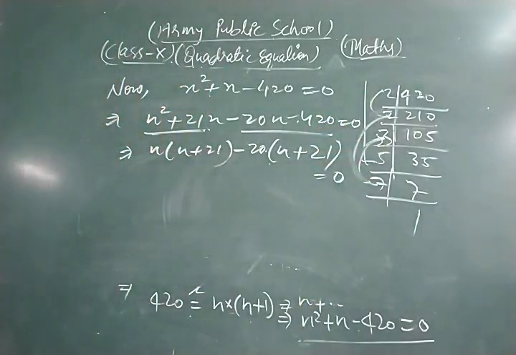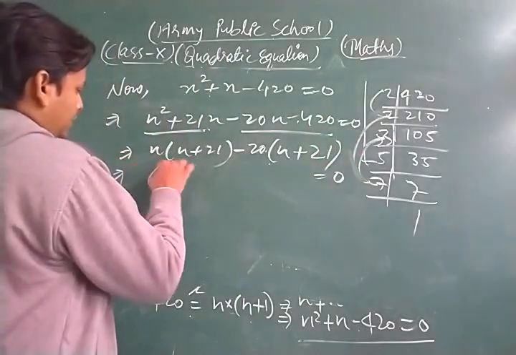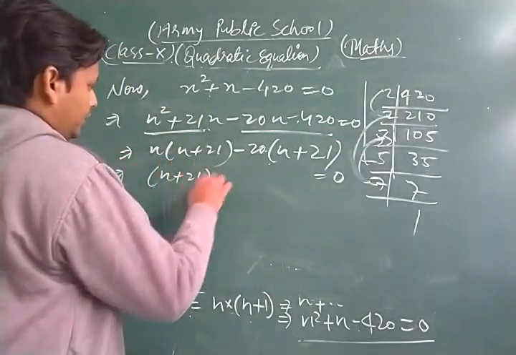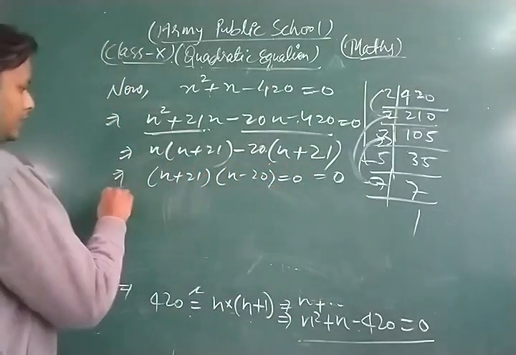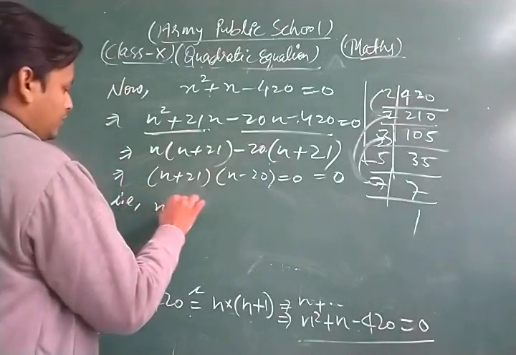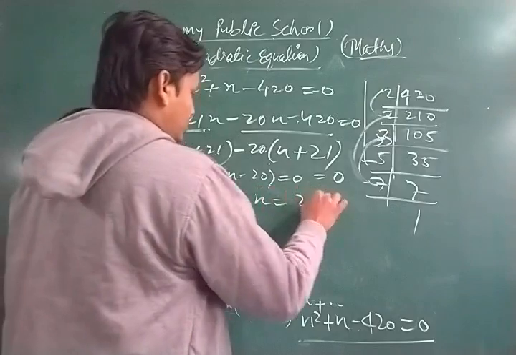Okay, now we take n plus 21 in one bracket and n minus 20 is equal to 0, that is n is equal to minus 21 and n is equal to 20.